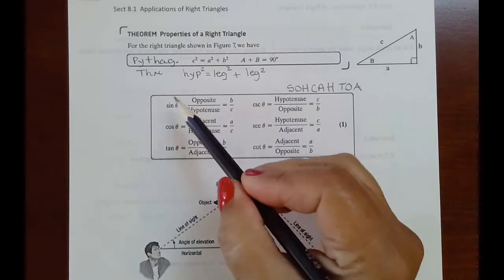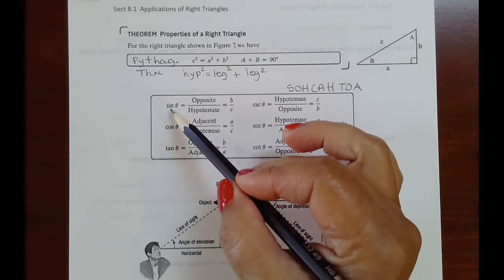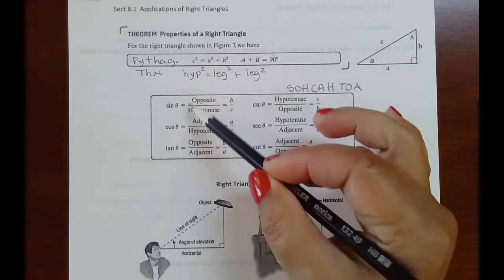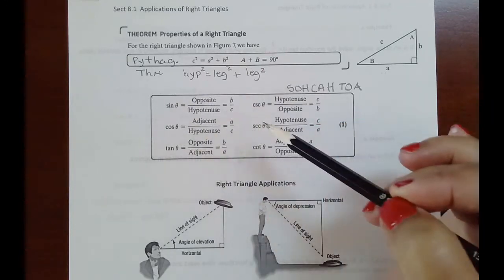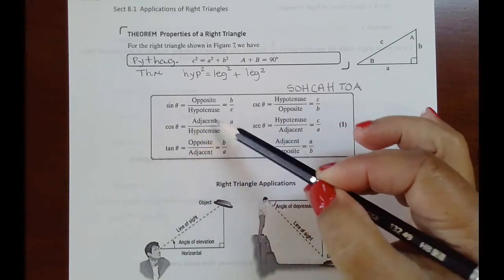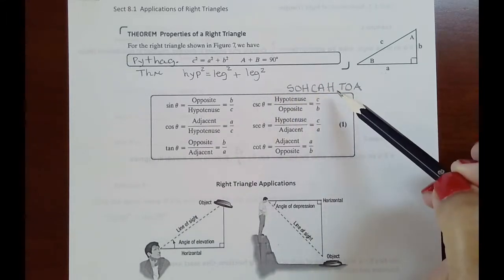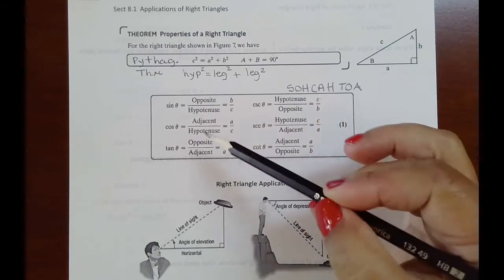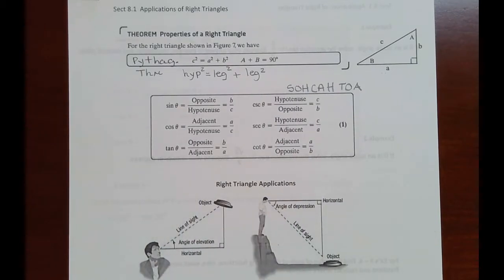So for instance, if sine is opposite over hypotenuse, and you know that sine is the reciprocal cousin to cosecant, just do the reciprocal of this formula and you have the formula for cosecant. If you have cosine and you know secant is the reciprocal of cosine, again, flip over this definition, which is contained within this mnemonic device, which is just a way of memorizing all of these formulas. Flip that definition over, you have the secant formula. Likewise for tan and cotan.